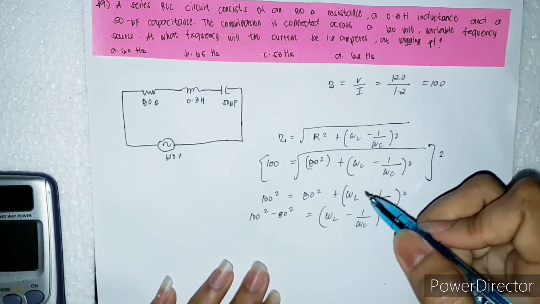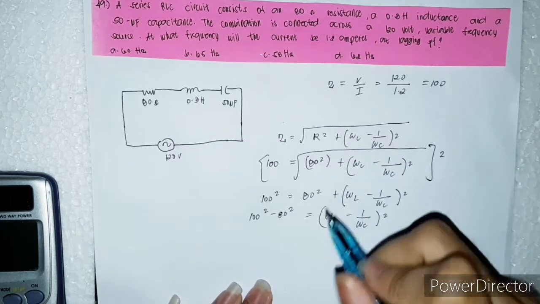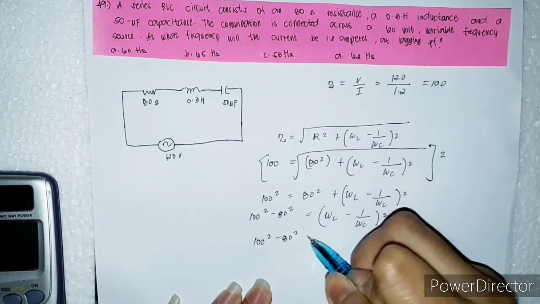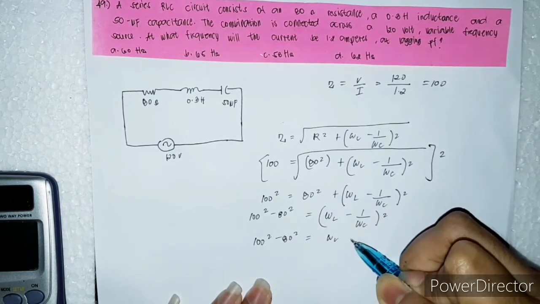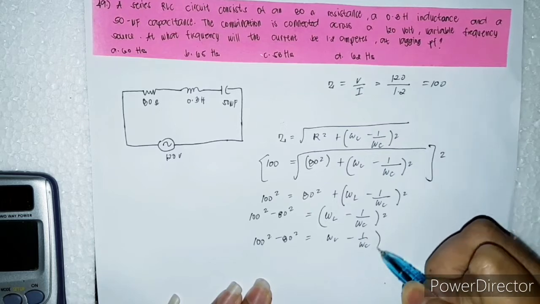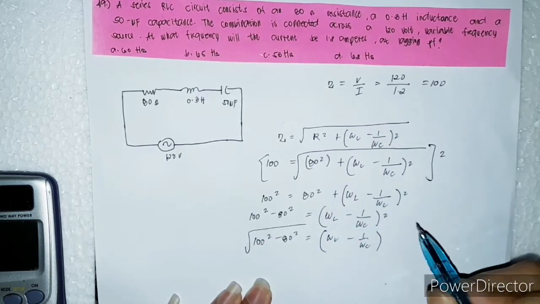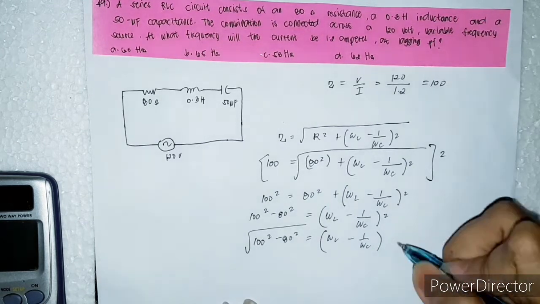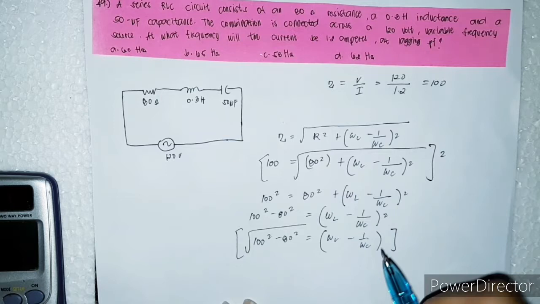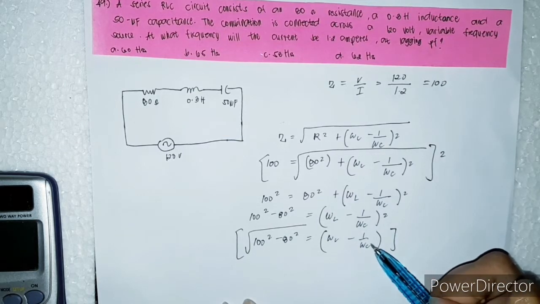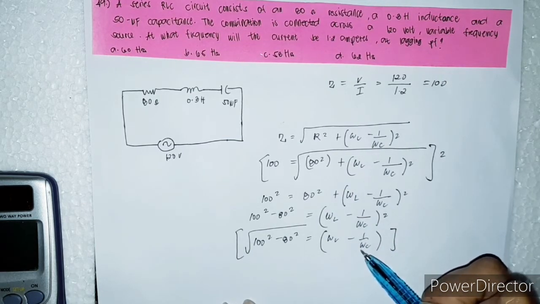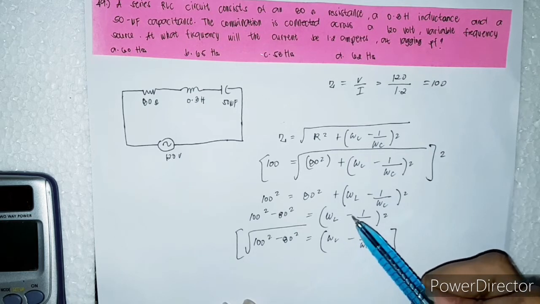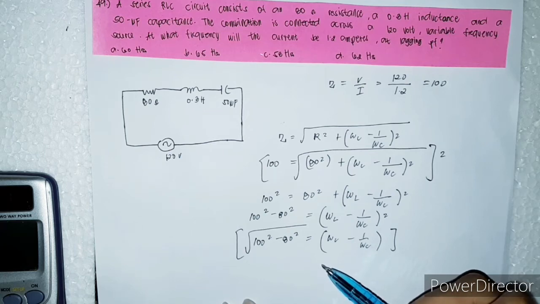And after that, let's put a square root here. So the square root of 100 squared minus 80 squared is equal to omega L minus 1 over omega C, and the squared here will be gone. From this part, let's multiply by omega. Our goal is to eliminate this one, because our goal is to have an omega squared and a variable that has a 1 over omega.